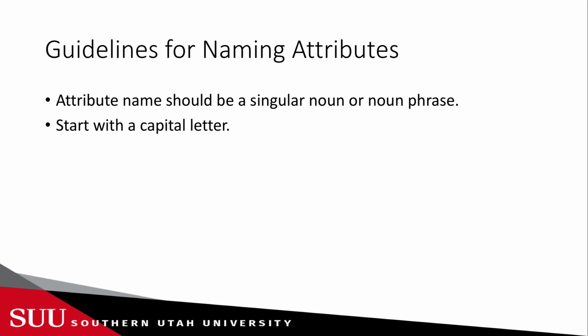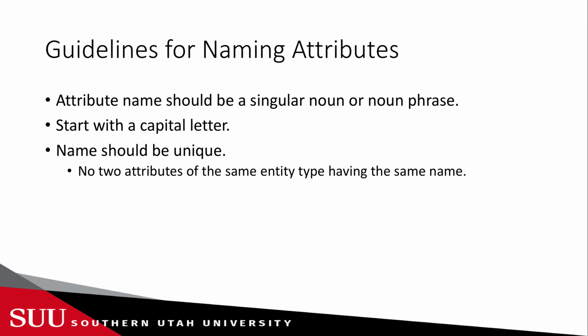For the attributes, it's going to start with an uppercase letter. The name should be unique, so no two attributes of the same entity type can have the same name. So I cannot go for the student and have an attribute called name and then another attribute also called name, where one of them is first name and last name. This will not work.